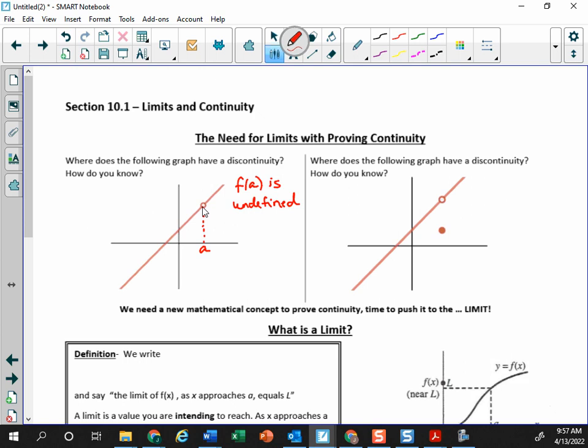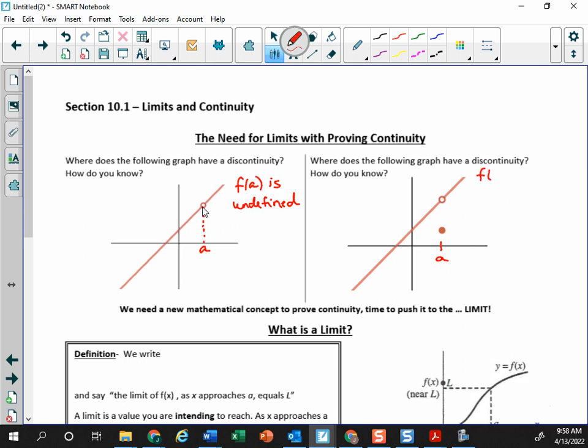Okay, now looking at this graph again, we'll call that A. Does that graph have a discontinuity? Yes, it still has a hole in the middle of the graph, right? Is f of A undefined, though? No. Okay, so that's just something to be aware of.